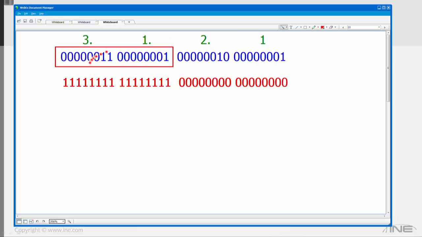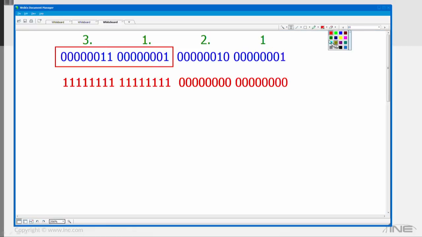So if you actually line the subnet mask underneath the IP address, you can see that there's a correlation. Whenever a bit in the subnet mask is turned on to a 1, the corresponding bit in the IP address is called a networking bit. So in this case, we're saying, okay, all 8 bits of the first byte are networking bits. They belong to the network because all 8 bits of the first byte of the subnet mask are turned to 1. All 8 bits of the second octet are turned to 1, so all 8 bits of this are the networking bits.